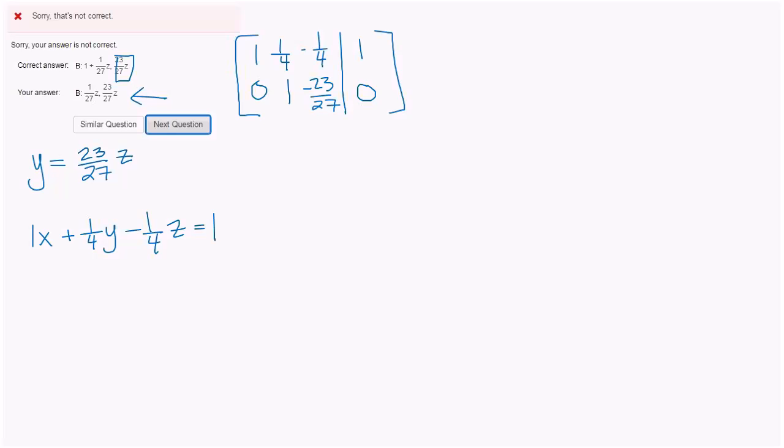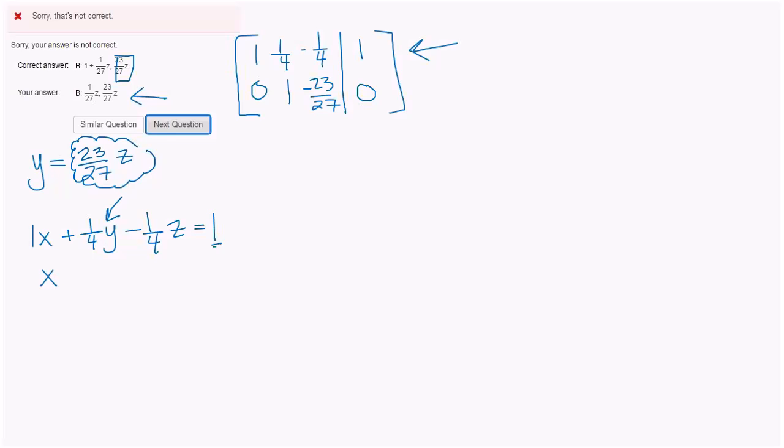So I was just taking this first row and rewriting it with the x, y, and z. And then what I want to do is substitute 23 over 27z in for y, which will go here. So that's going to give us x.